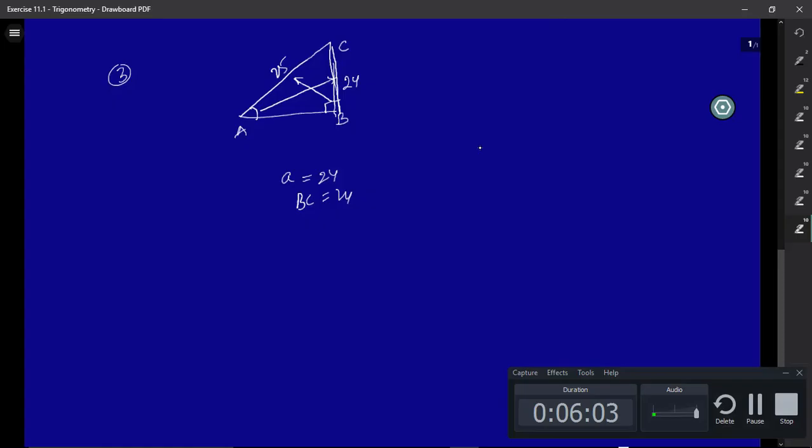Now I've already told you, if we have two sides of a right angle triangle, it is very easy for us to find out the third side by using Pythagoras theorem. Pythagoras theorem says that hypotenuse square is the sum of squares of the other two sides.